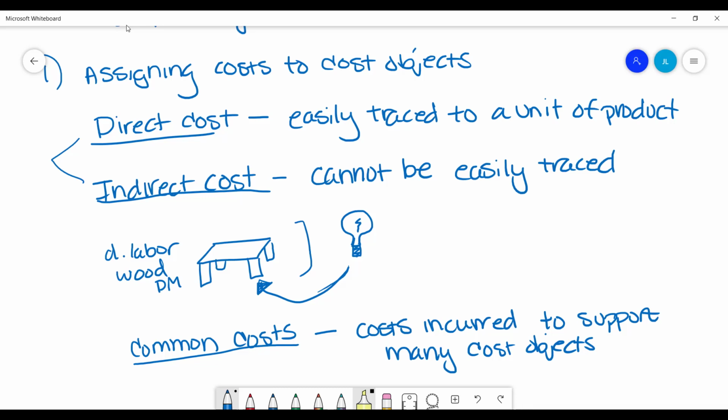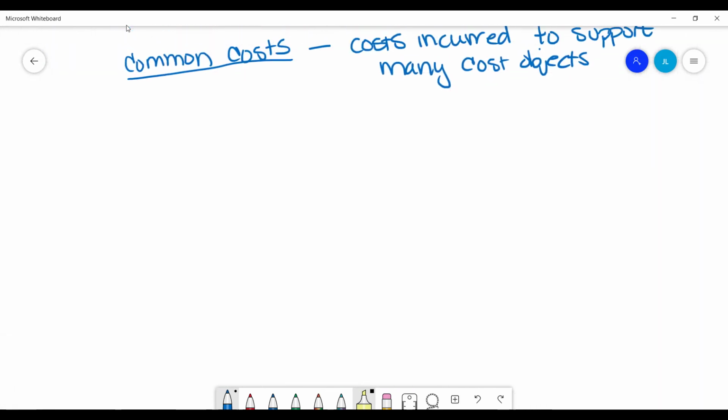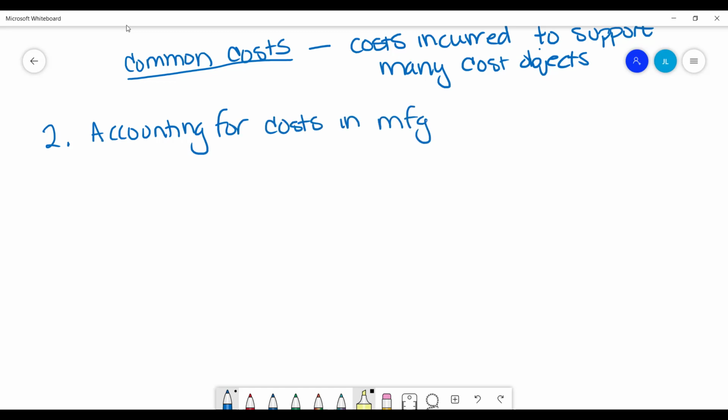product. Okay, so our second cost classification purpose is accounting for costs in manufacturing companies, right? Accounting for costs in manufacturing companies.